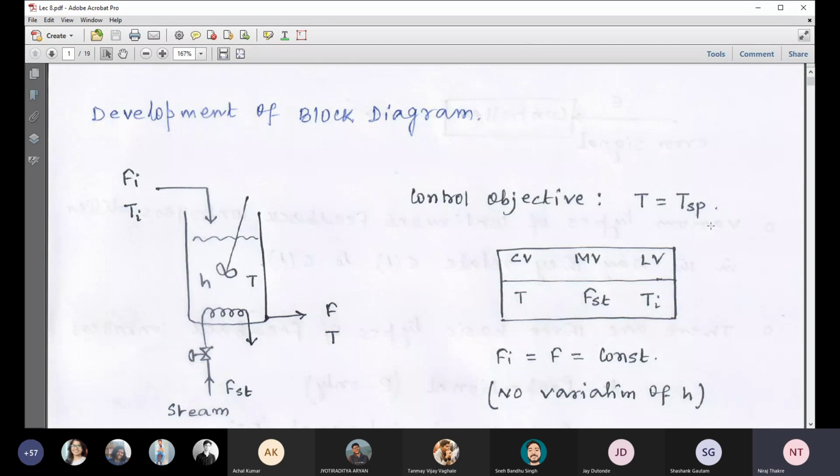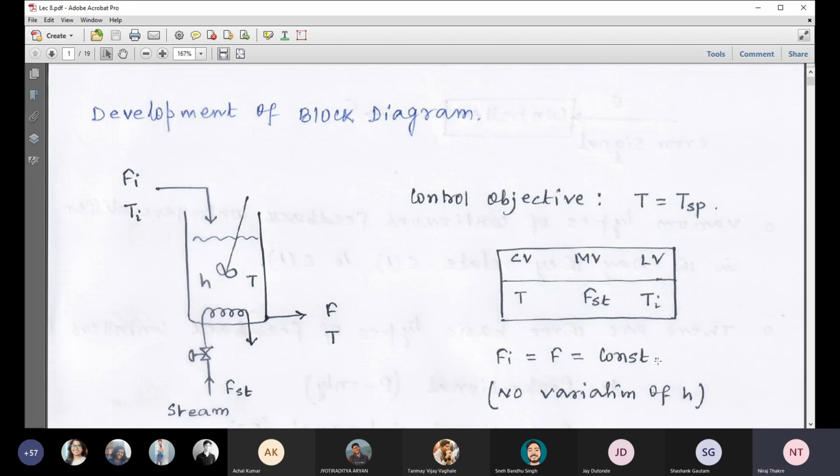Now for this example system, our control variable is selected as temperature, because I have mentioned before that if you fix this control objective, that variable is basically selected as control variable. Manipulated variable here is steam flow rate, and our load variable is Ti. There are basically two load variables, Fi and Ti, but if you see the next line, I have clearly mentioned here that Fi and F, those two variables are constant and equal.